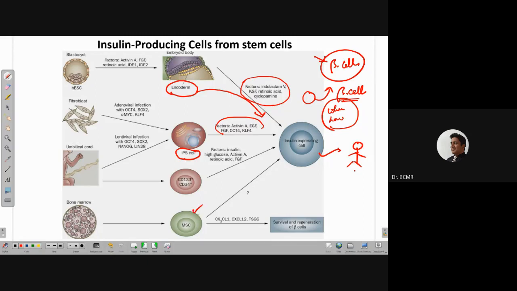So we can also take mesenchymal stem cells that are very easily available, and if we can figure out what factors can differentiate them into insulin expressing cells or cells similar to beta cells, then it will be a good success. So it's all about getting the cells and putting them into the patient. While I say it very easily, putting it into the patient is not that easy, right?